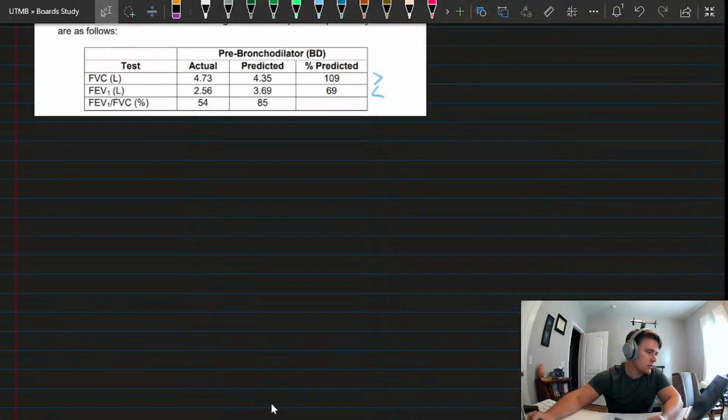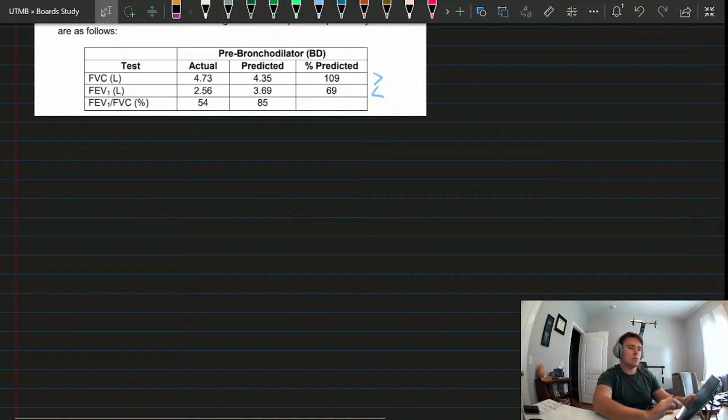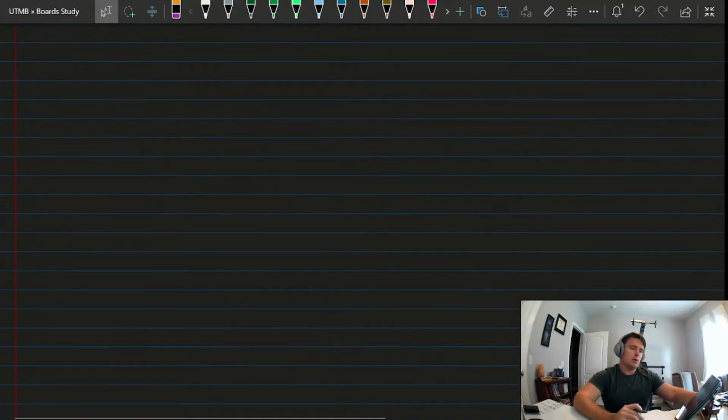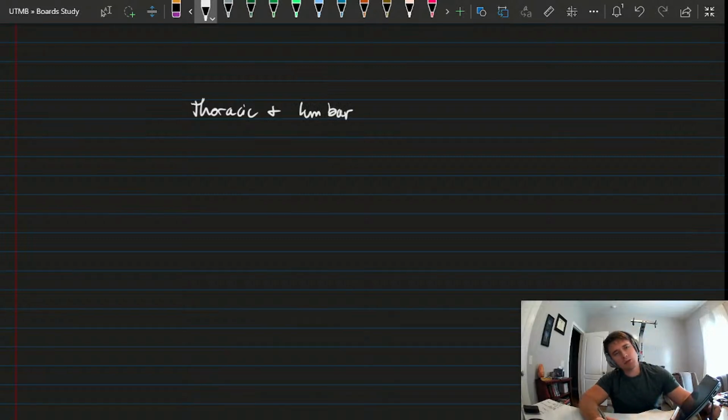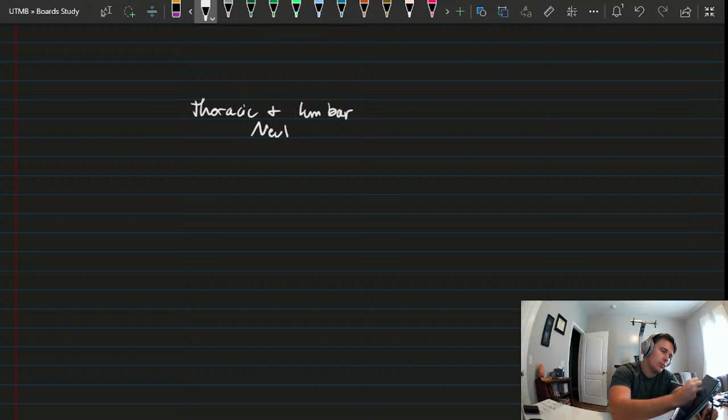So with Fryette's laws, with the thoracic and lumbar, you've got side flexion and rotation, or side bending and rotation, in neutral and flexed or extended.